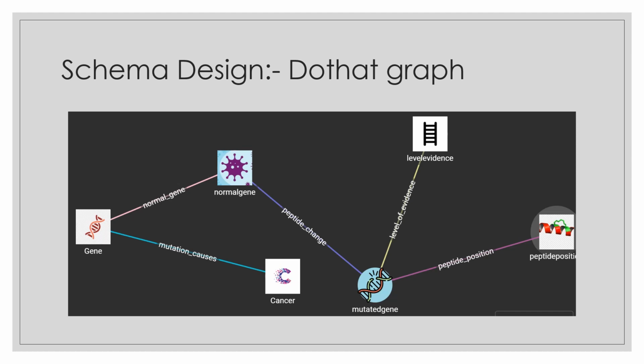So this is the schema of our graph. You can see we have used images that were completely free to make the schema. First, the main thing that we are doing is trying to find a relationship between a gene and cancer.